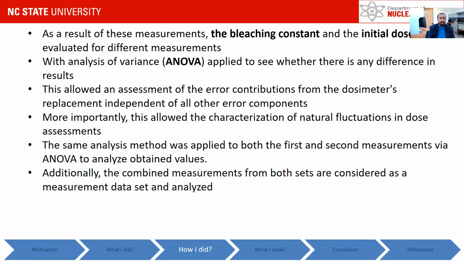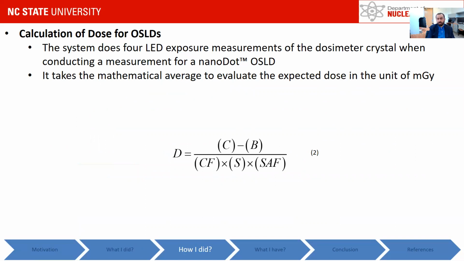Like I mentioned, I got the bleaching constant and the initial dose, and applied the analysis of variance to see whether there is any statistically significant difference between the measurements when you change the measurement type. The dose is calculated by using this formula. The microStar basically does LED exposure measurement of the dosimeter and then takes the mathematical average of the expected dose, in units of milligray.